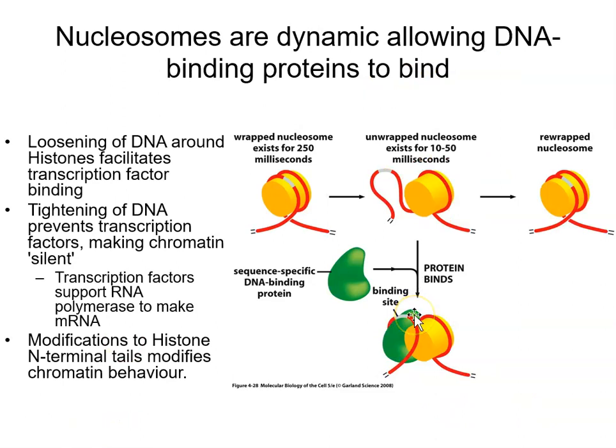Now if we look at what that looks like in terms of DNA, well, the DNA is not always wrapped around the histones, and so this shows DNA tightly wrapped around the histone, but this region here shows a sequence where a transcription factor might bind. So for example, you'll come across steroid hormones and steroid hormone receptors.